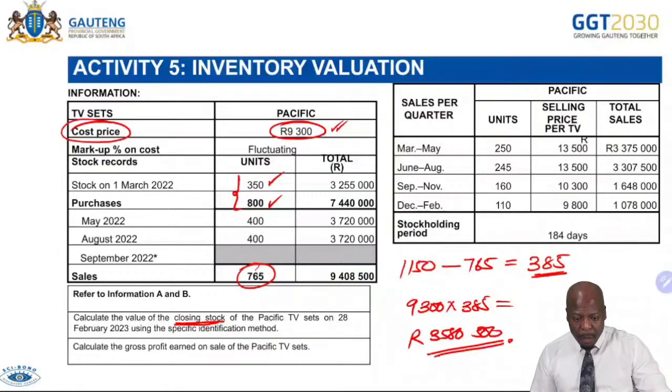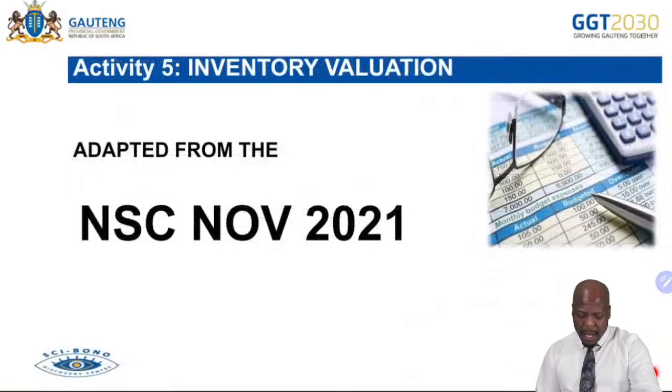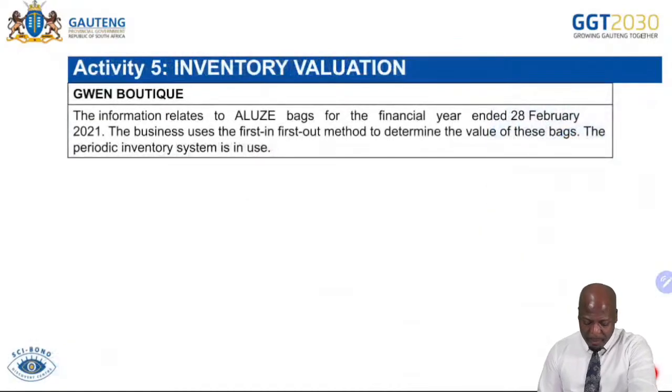Okay, I'm going to move on to the next aspect. Once I'm done here, I'm going to look now at the NSC November 2021 as I am preparing to wrap up now. I'm going to do inventory valuation in this paper, and I'm going to focus on the weighted average method.